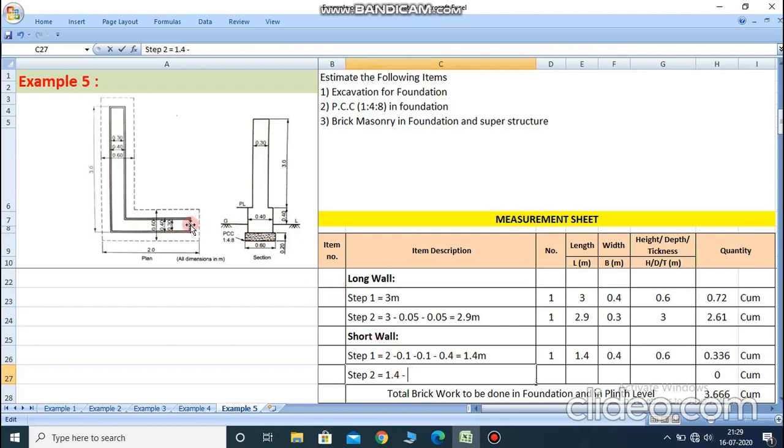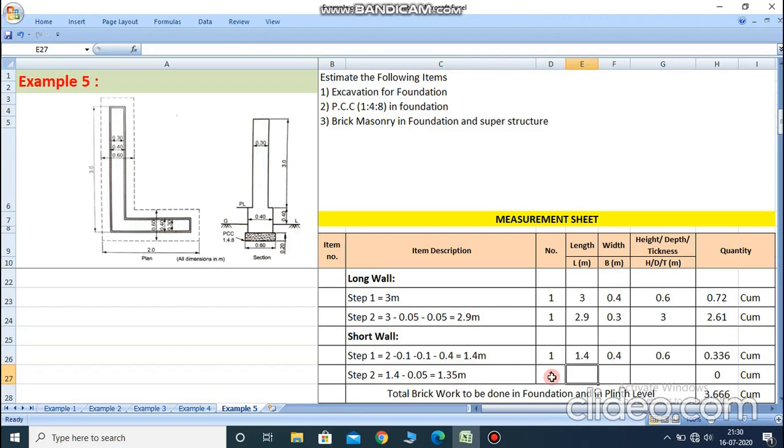This offset is 0.05, because the difference of 0.4 and 0.3 is 0.1, so the offset is 0.05 and this side 0.05. So here only a single side offset is negative. Take a negative 0.05. So here the answer we got is 1.35 meter.